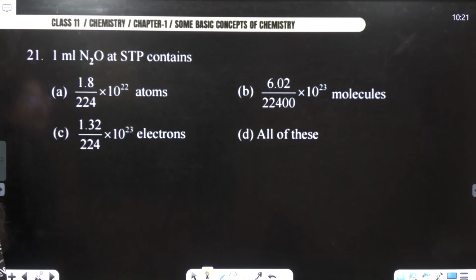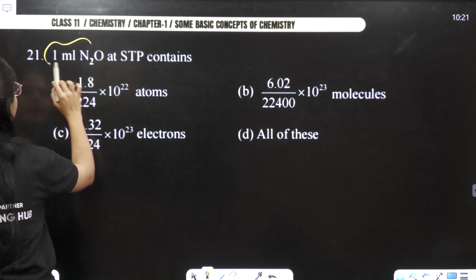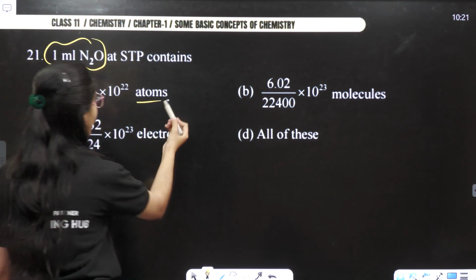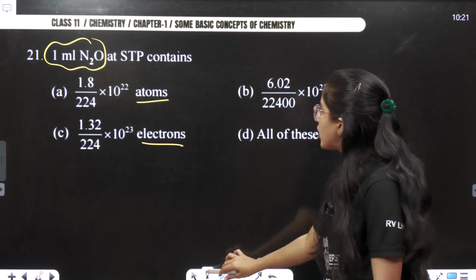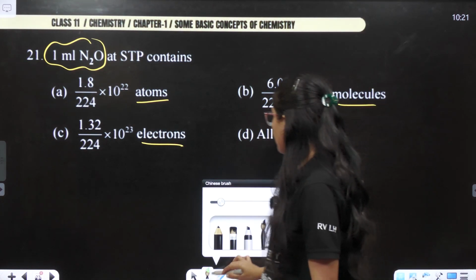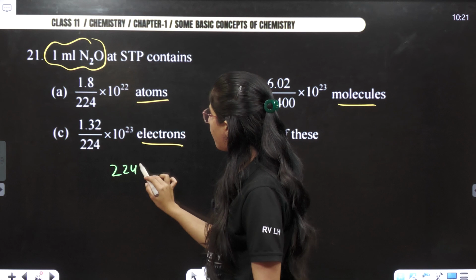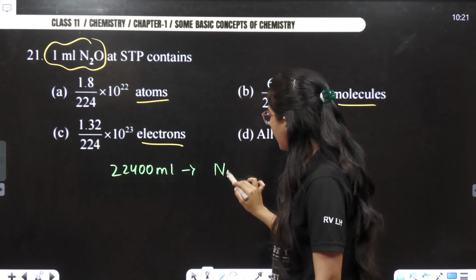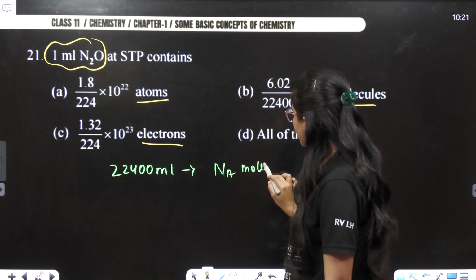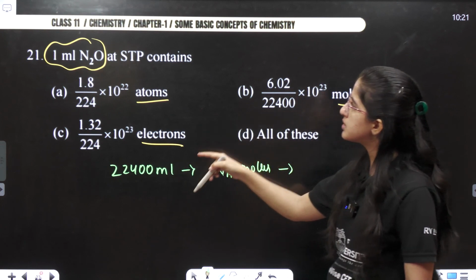1 ml of N2O at STP contains how much? They are asking about 1 ml of N2O, and they have given answers in terms of atoms, electrons and molecules. Correct? So how will I calculate? See, 22,400 ml consists of Na number of molecules, and how many atoms will there be?